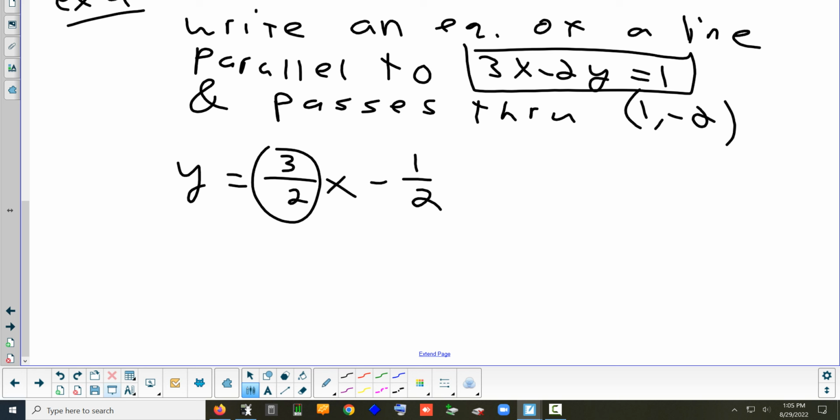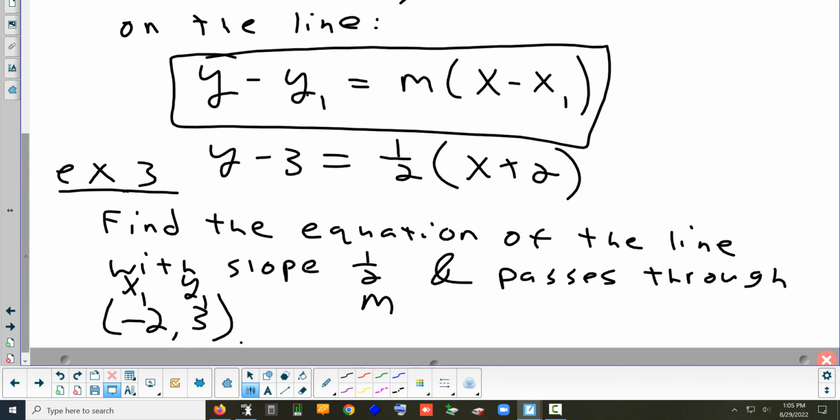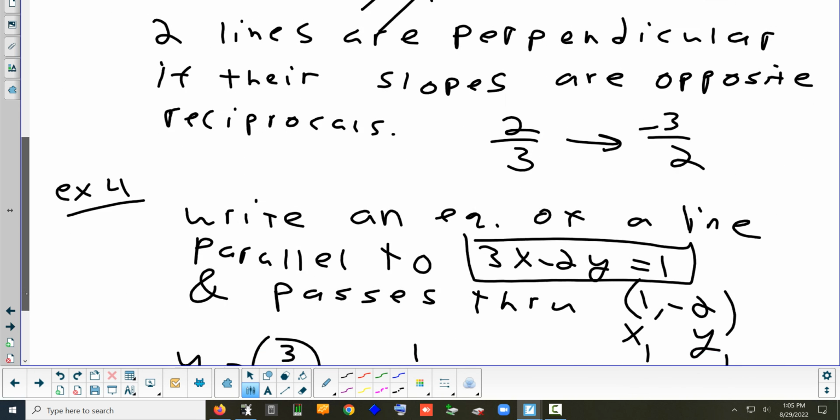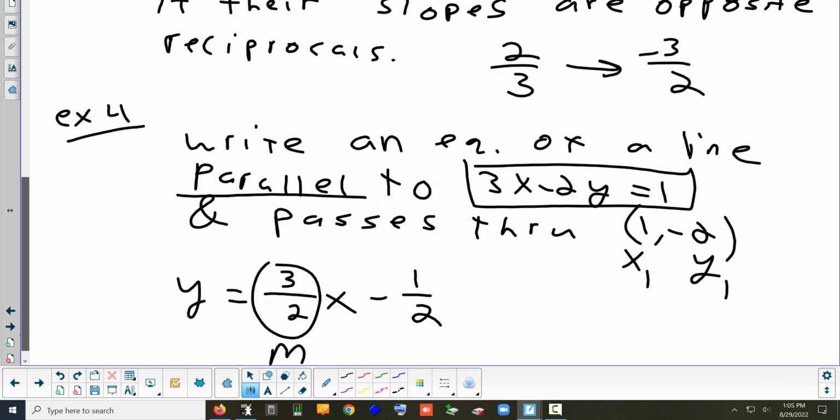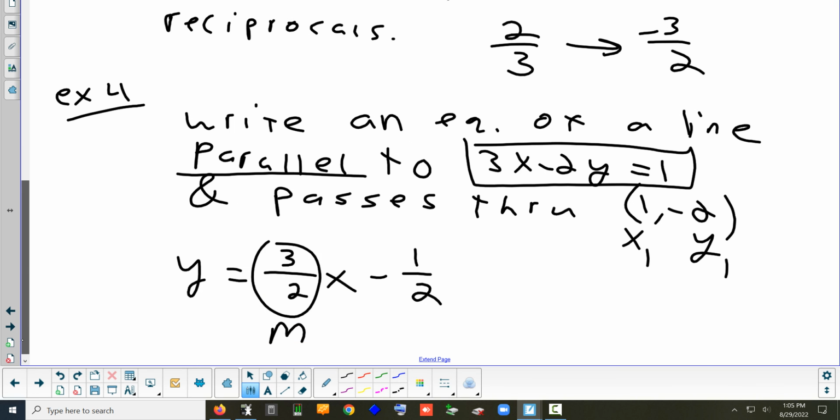So if I was going to use point-slope form, that's my m, that's my x1, that's my y1, and fill it in, just like we did right here. Now, the only change, if I wrote perpendicular here, well, you tell me, what would be the one thing that would change?